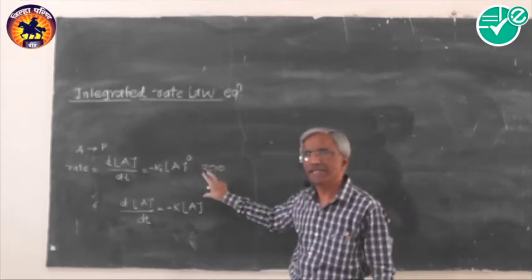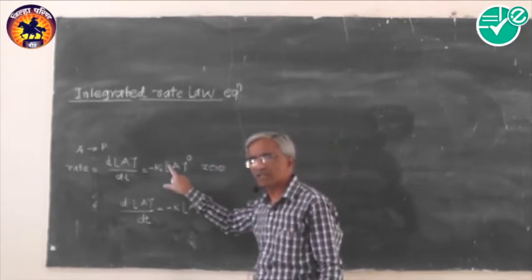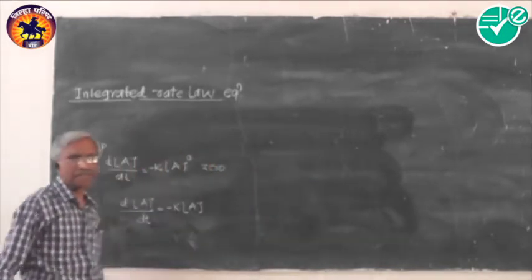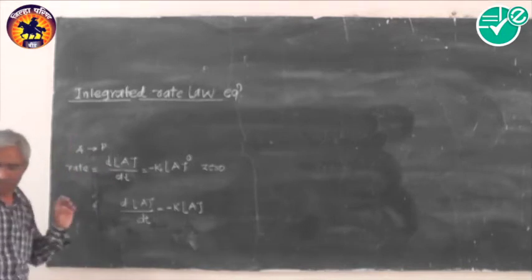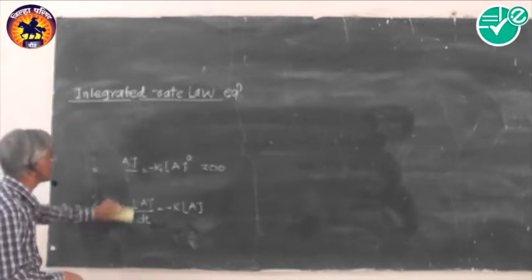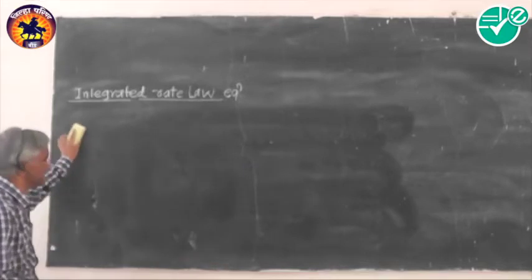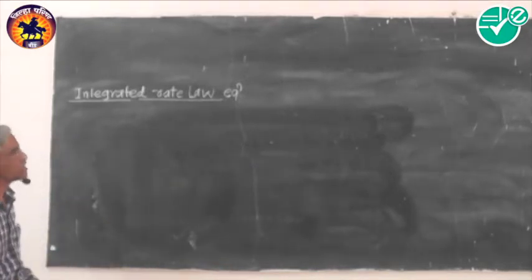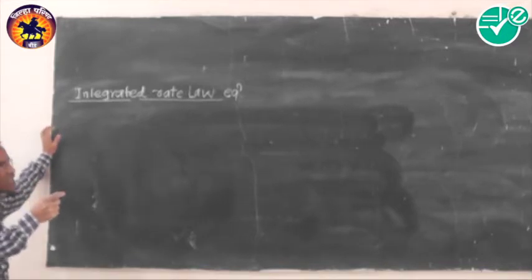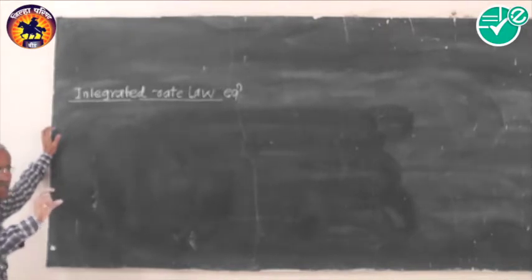So integrating the differential equations of the corresponding order of reaction, we will go for their integrated rate law equations one by one. I have already explained the difference between the application of differentiation and integration. Within the limits means the concentration changes which we want to study between the times; those are called the limits.